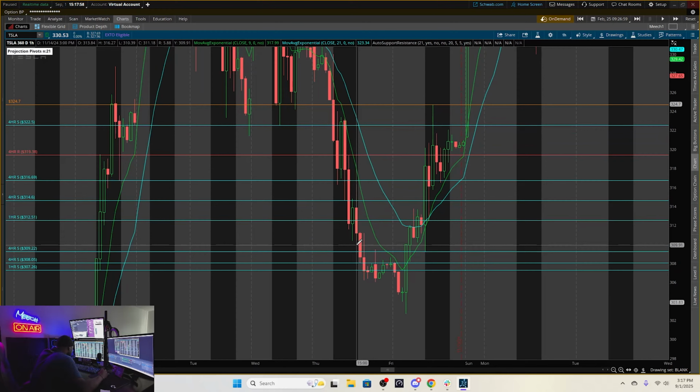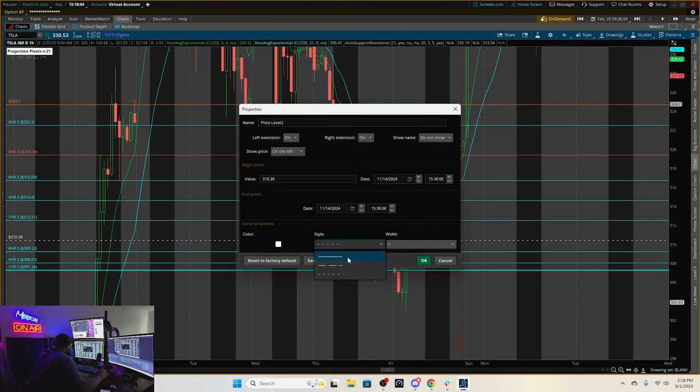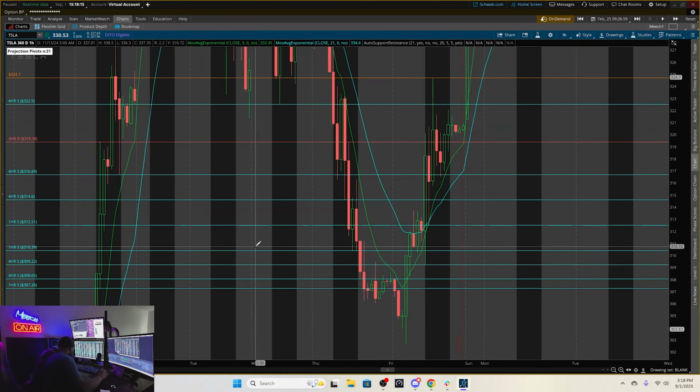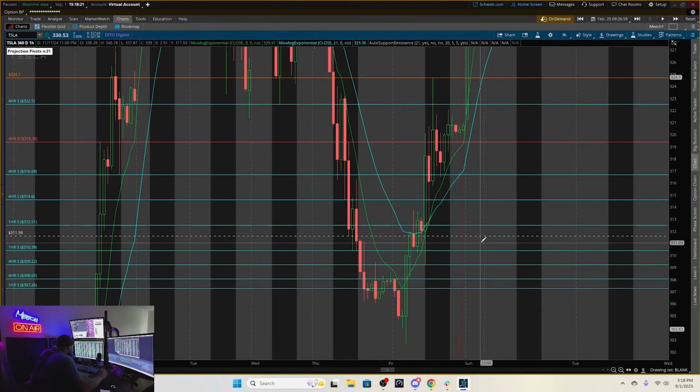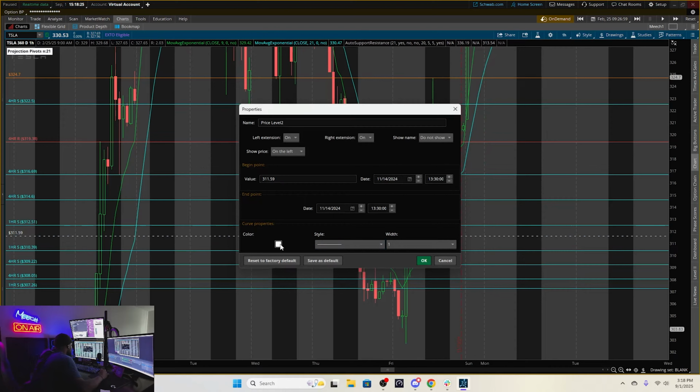So we have a double bottom right here at 310.39 on the 1 hour. And we have another support halfway through at 311.59. Close to a dollar move. Okay.